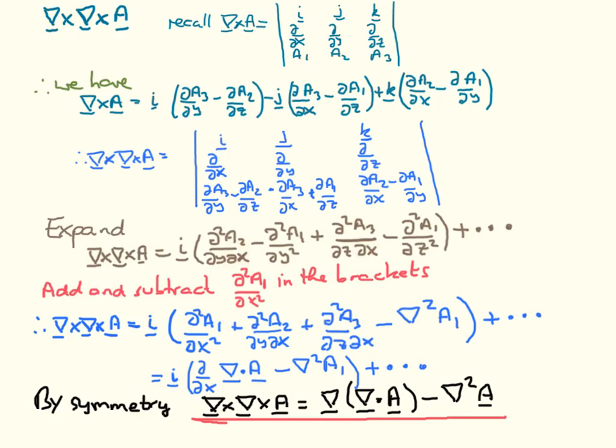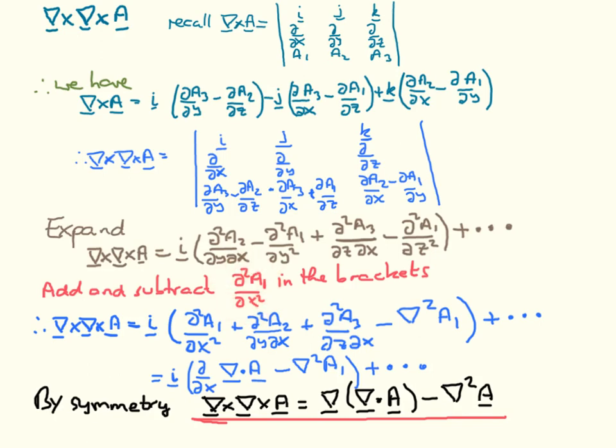So if we look at that, we are, I hope, reminded of the Laplacian operator. And the Laplacian operator is going to be the second derivative with respect to x plus the second derivative with respect to y plus the second derivative with respect to z. Now, we don't have the second derivative with respect to x here, but we can always add it and subtract it. So in this bracket, we're going to add 0, by adding this and subtracting this term.